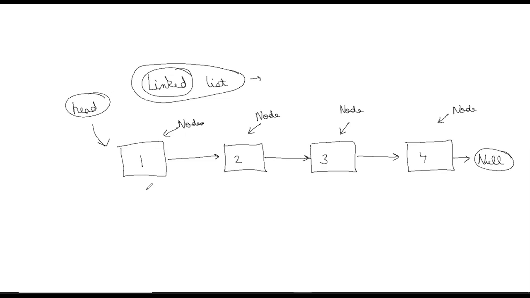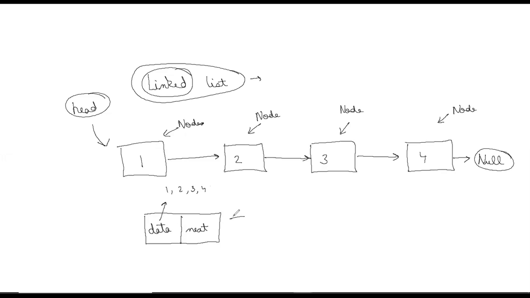So the linked list is stored as nodes linked with each other, right? How is it actually represented? It is represented like this. Here is the data and here is the next. What does data contain? In our example, the data contains 1 or 2 or 3.